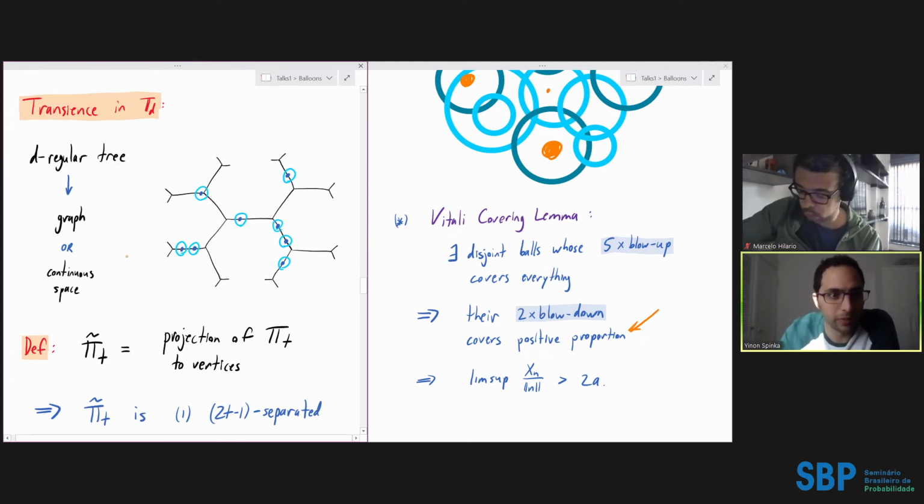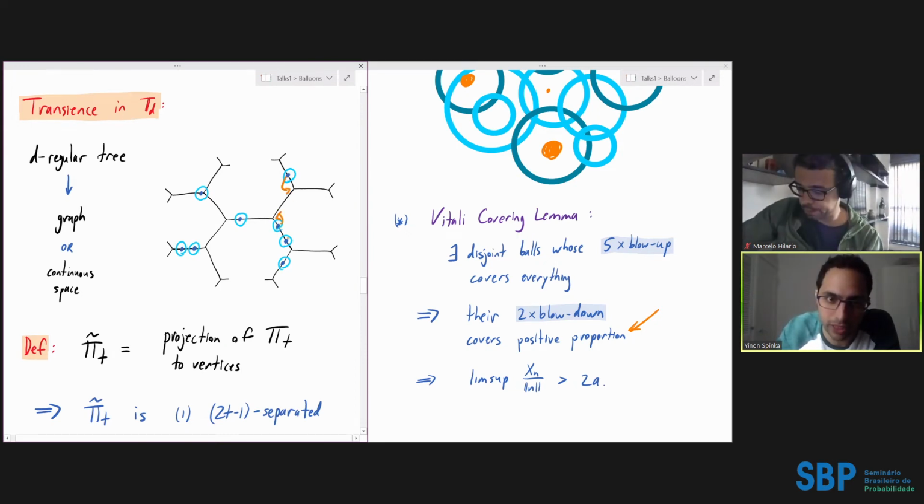So regular tree, remember, we can view it either as a graph or as a continuous space. For the balloon process, we view it as a continuous space where the centers of the balloons live on the edges, maybe looking something like this. But for the proof, we'll also think of this as a graph. So let pi tilde t be the projection of the points to the vertices.